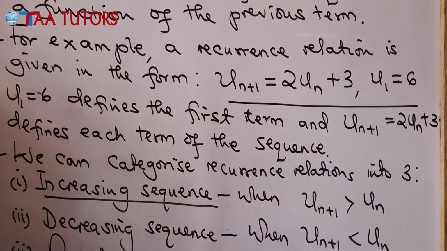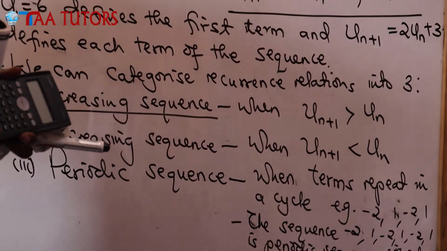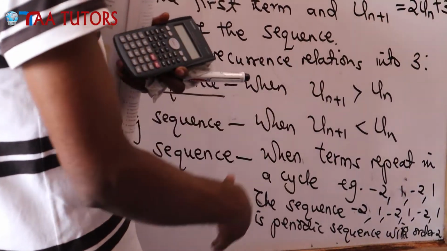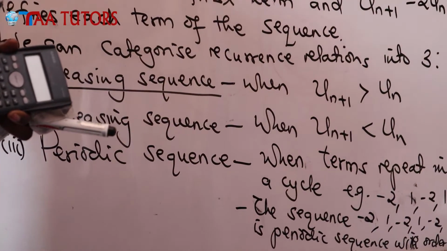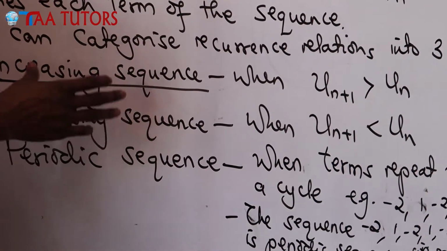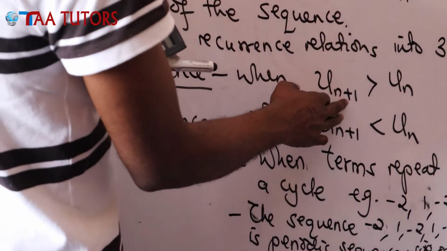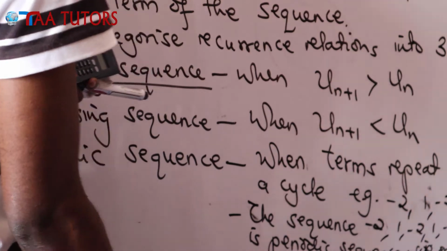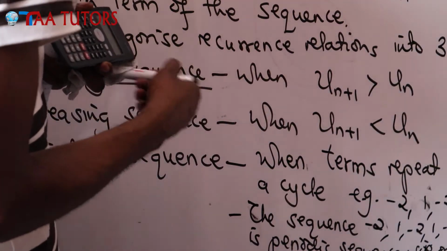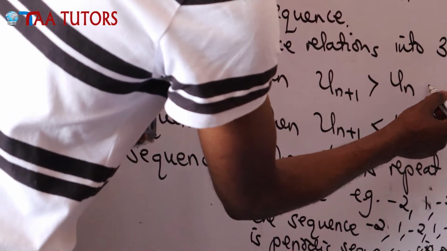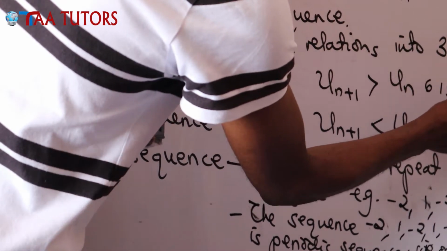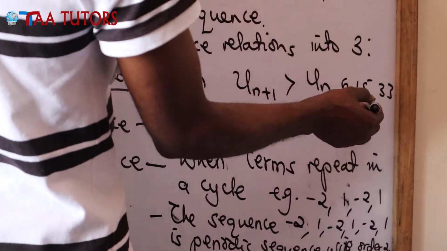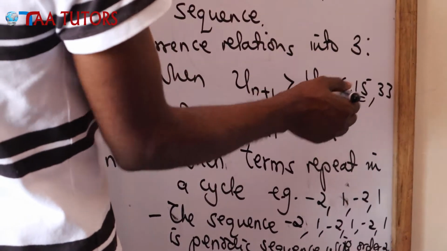We can categorize recurrence relations into 3 groups. One of them is the decreasing sequence, when the next term is smaller than the previous term. The increasing sequence is when the next term is bigger than the previous one. Just like we can have terms 6, 15, 33, you realize that the next term here is bigger than this one.